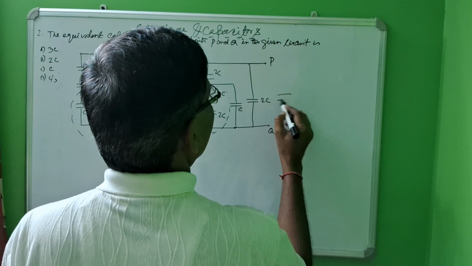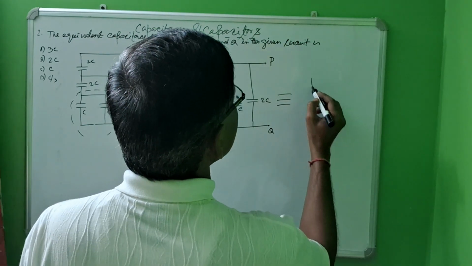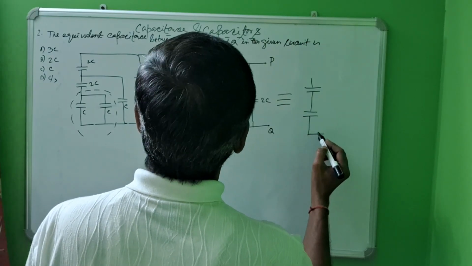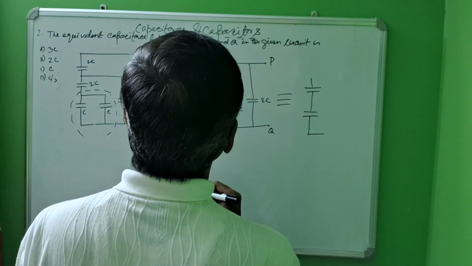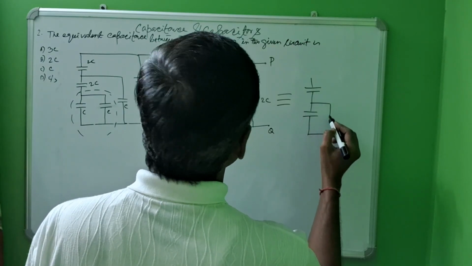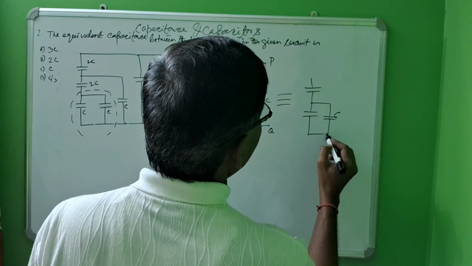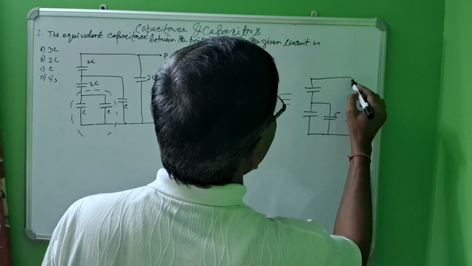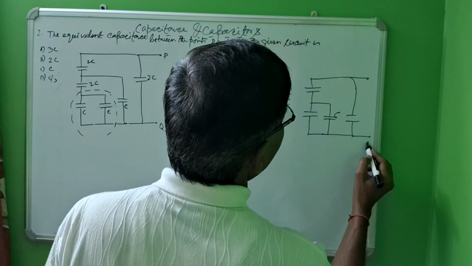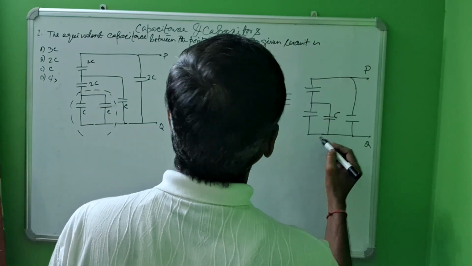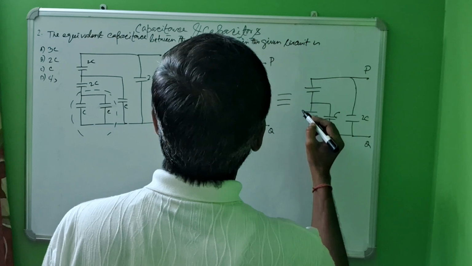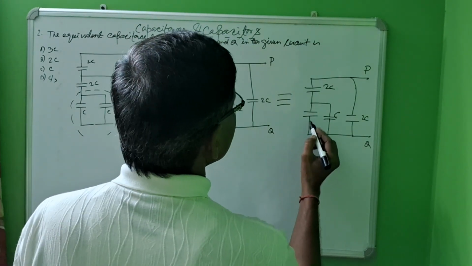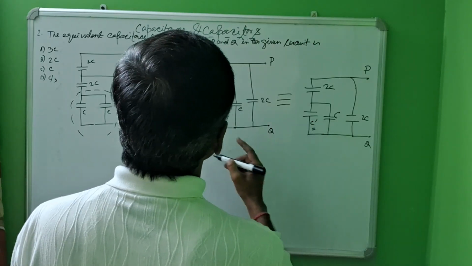So we can write by the equivalent circuit diagram C dash equals, what is the value?